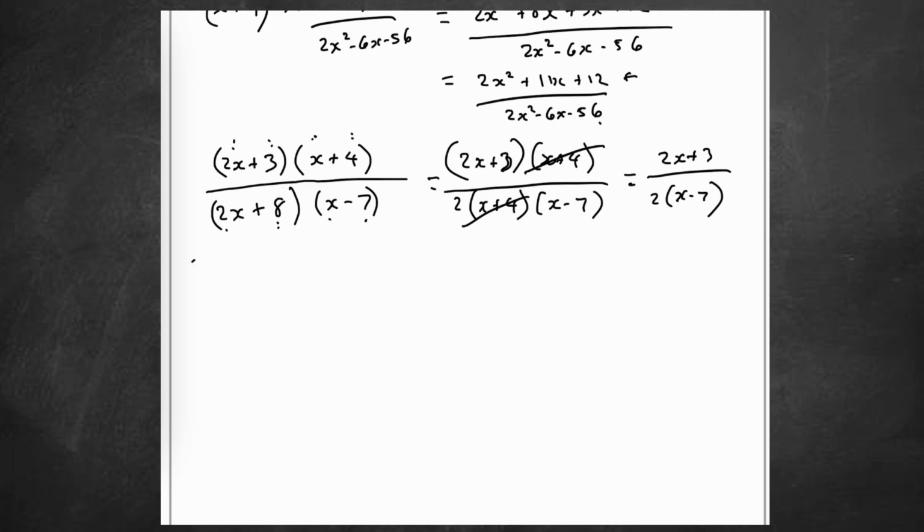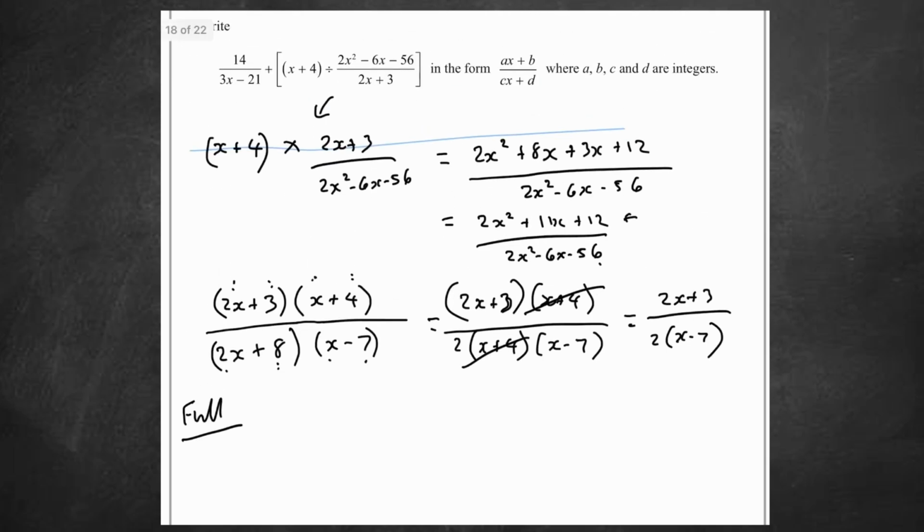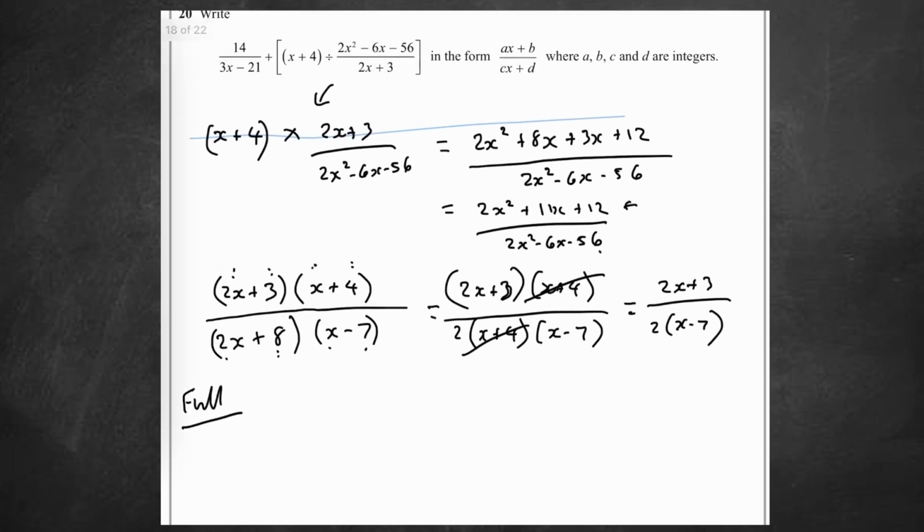Now, let's look at the full equation. We've got 14 over 3x minus 21. What you might notice is that if I take the 3 outside, we get 3 lots of x minus 7. And we already know that everything inside the square bracket comes to 2x plus 3 over 2 lots of x minus 7.